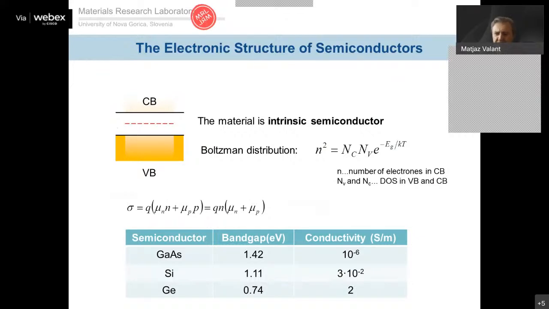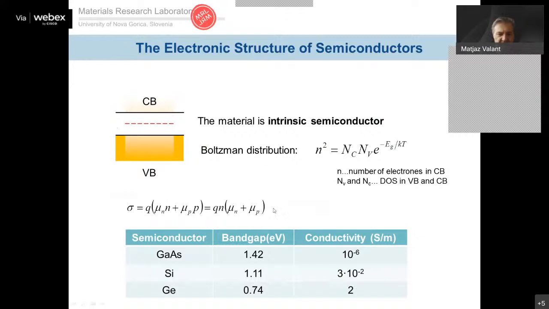So in other words, we have already been discussing this. And we already mentioned the Boltzmann distribution, which gives you the number of excited electrons at some particular temperature. So this is something that we have already been through.